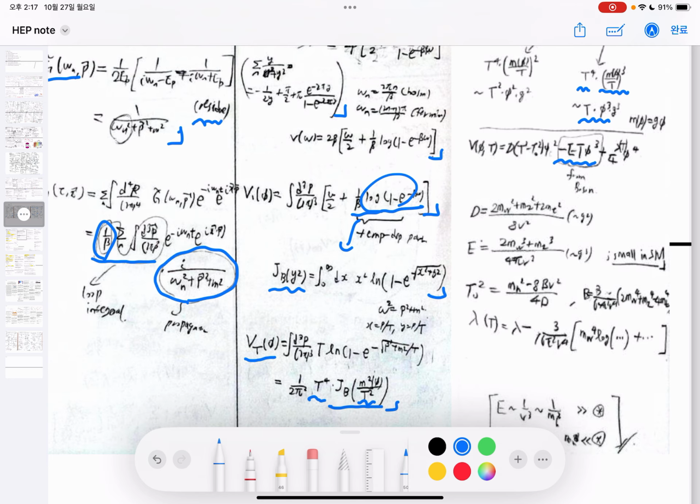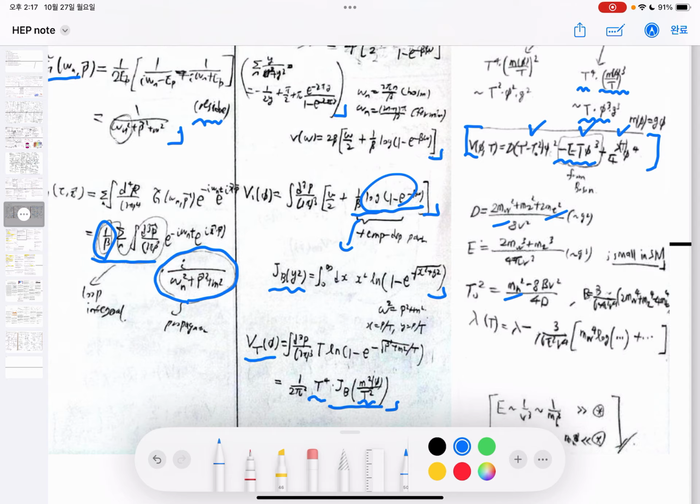So we can set the thermal potential in a polynomial form, with the quadratic term, cubic term, and the quartic term, and the coefficients of each term can be evaluated in terms of the W, Z gauge boson mass and the Higgs boson mass and the top quark mass.